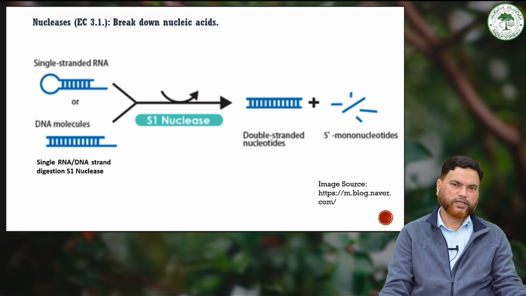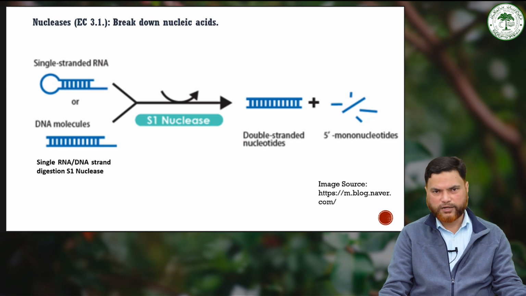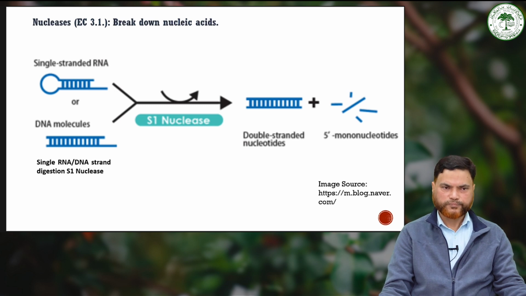Now, nucleases are the enzymes that cleave the phosphodiester bonds of nucleic acids, including both DNA and RNA. Here, they can be endo or exo DNAs, RNAs, topoisomerases, recombinases, ribozymes, or RNA splicing enzymes.